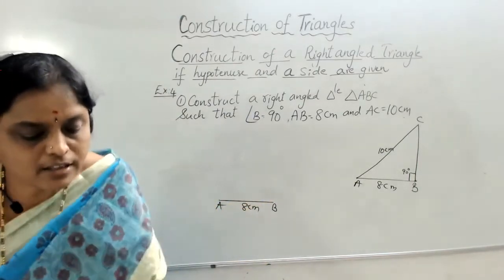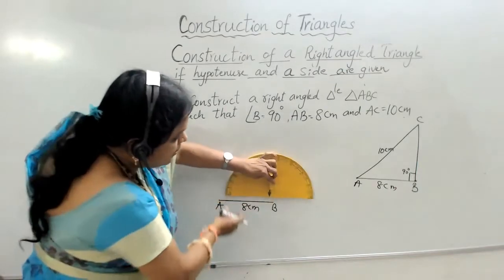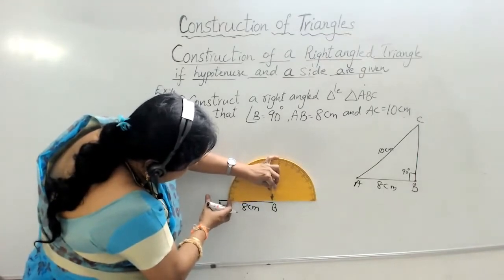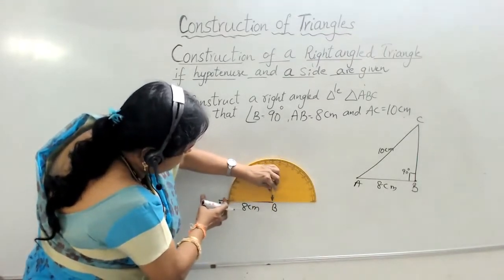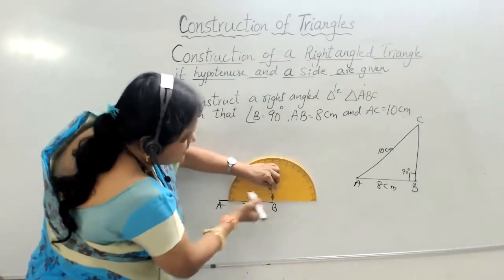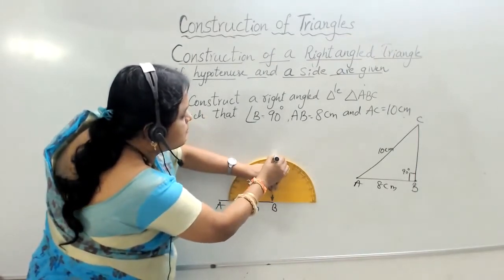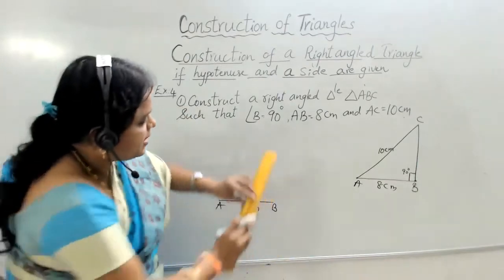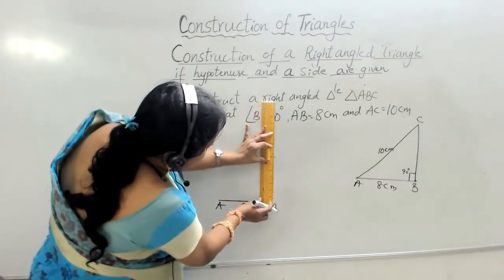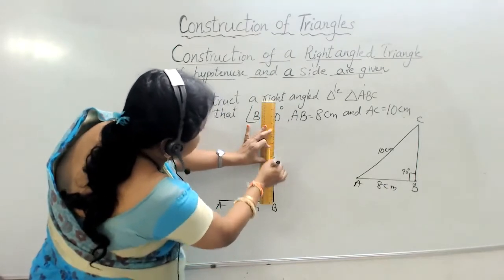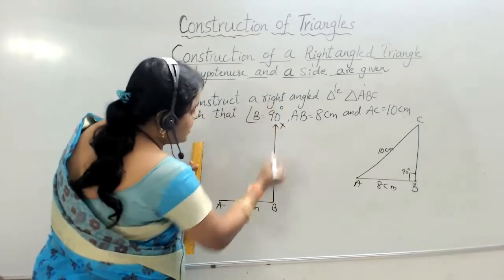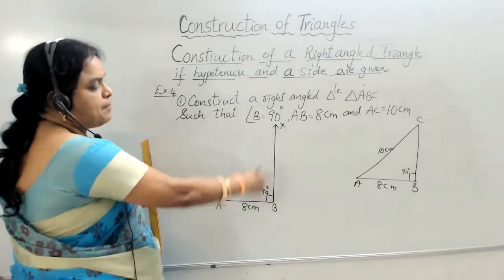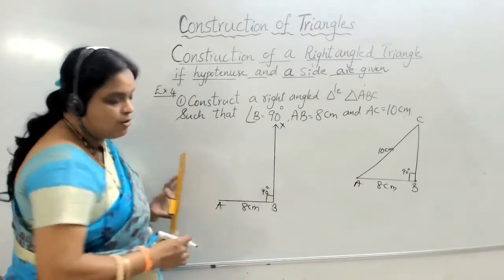Take the protractor, place the point 0 at B, with the line coincident, and make an angle of 90 degrees at B. Extend the ray BX. It is perpendicular, that is, 90 degrees to AB. So the ray BX is perpendicular to AB.